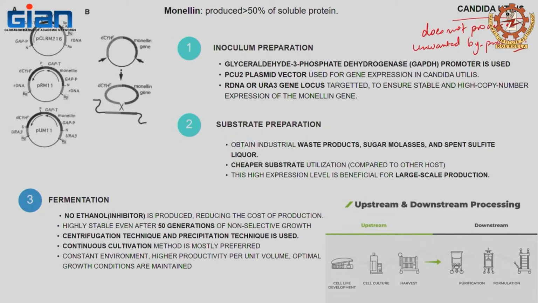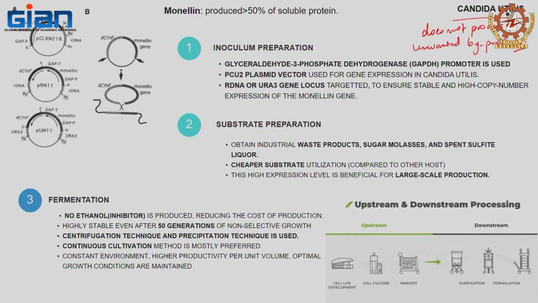There is also a usage of plasmids and integrative vectors, which gives high copy number expression. This accumulates a larger number of genetic material inside Candida utilis, the monellin producing genes, which produces a larger amount of monellin protein, which enhances the production.